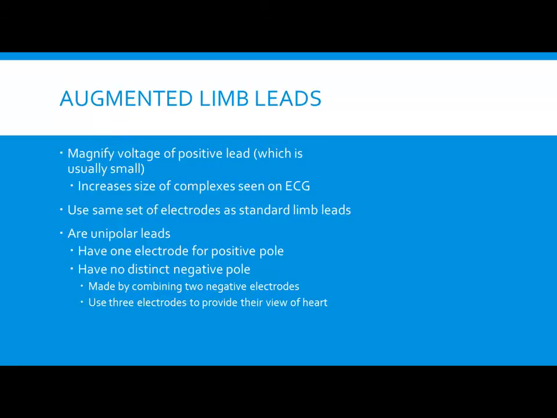So these are actually unipolar leads. Now, does that mean that they only depend on a positive lead to get a picture? No, it doesn't. What it means is that it combines two negative electrodes to form that negative lead.